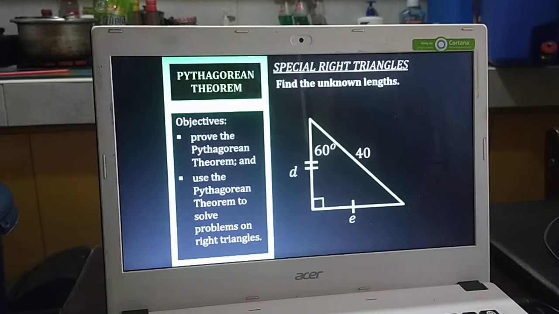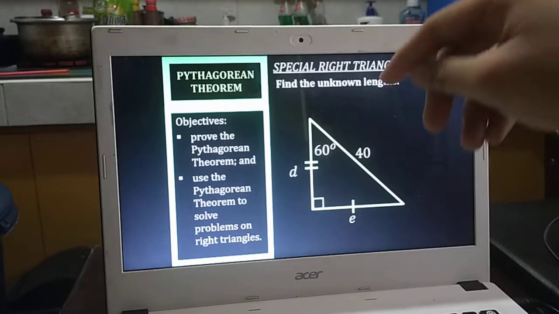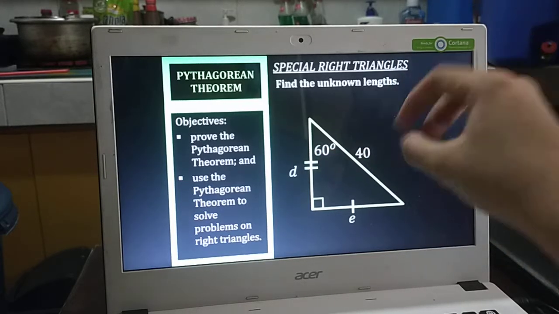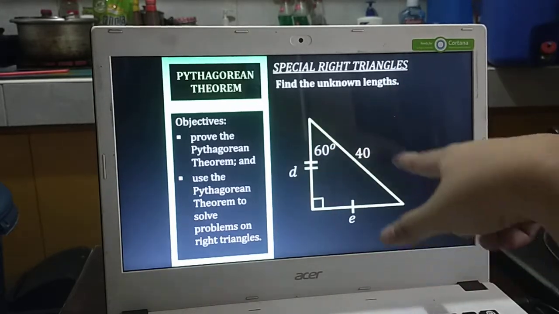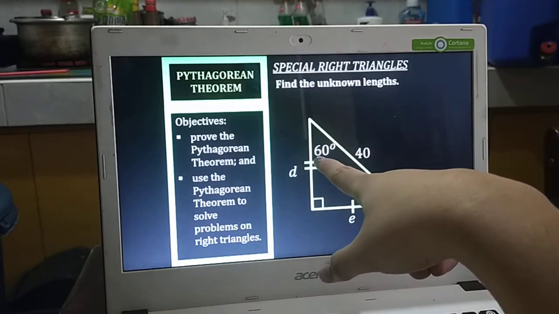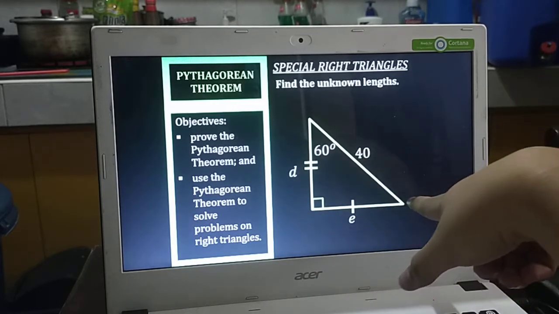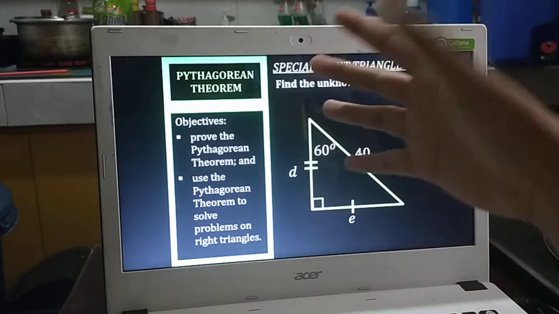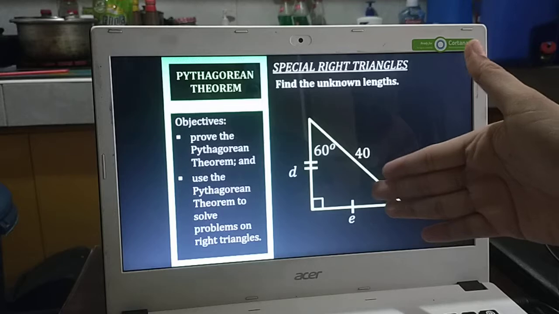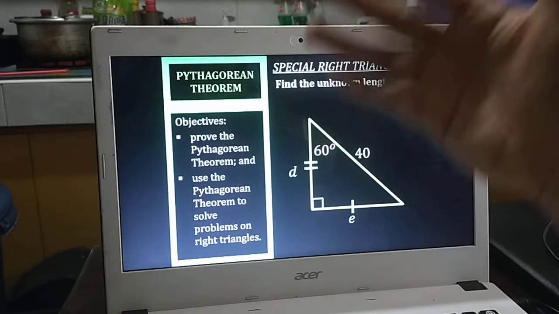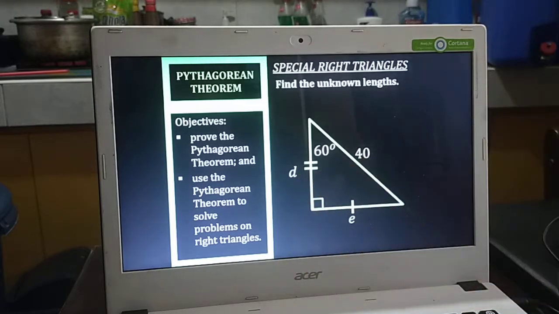So in this case, our given is the hypotenuse. Our 60-degree angle, opposite side niya is the second leg. And the 30-degree angle, the opposite side niya will be the shortest leg. So, shortest leg will be our D.